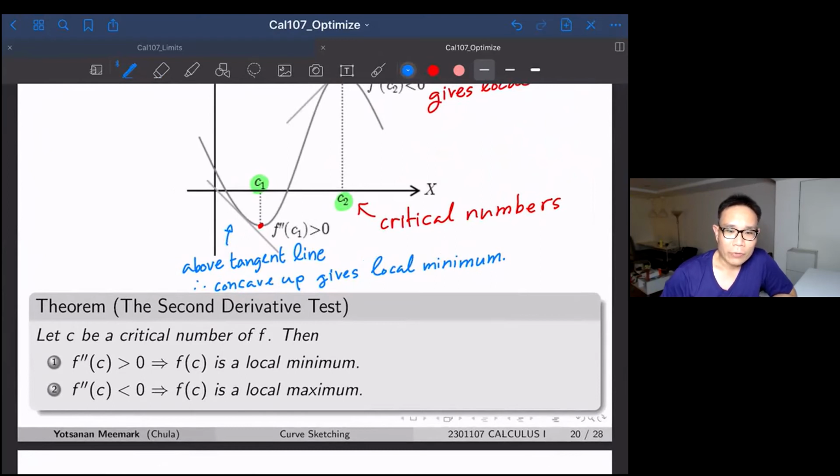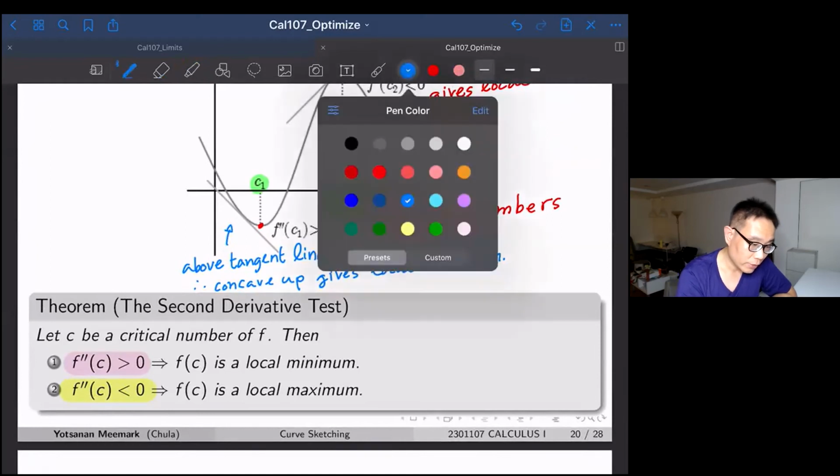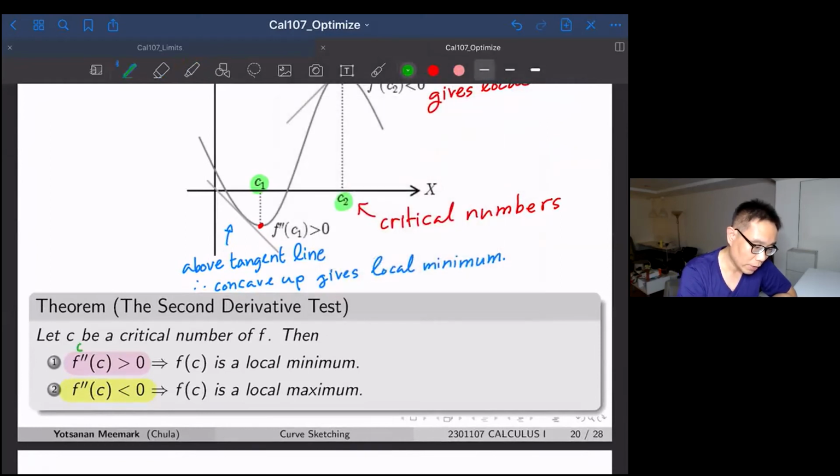Okay, so if c is a critical number of the function f, then if f double prime is more than 0, and if f double prime is less than 0, the first case gives you what is called concave up.